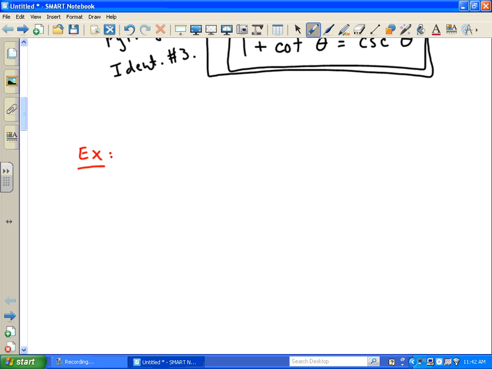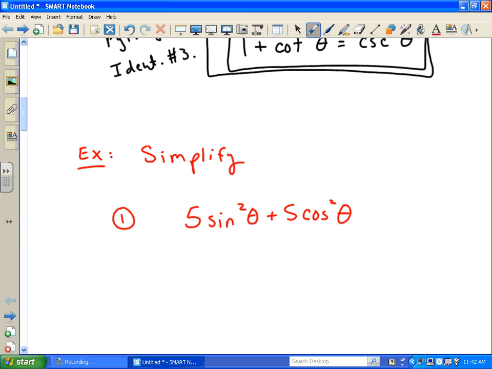Okay, what I will say here is I want to simplify, and I'll show you what is okay and what is not okay. First of all, let's say that we have 5 sine squared theta plus 5 cosine squared theta. The 5's in the front are acting like constants.